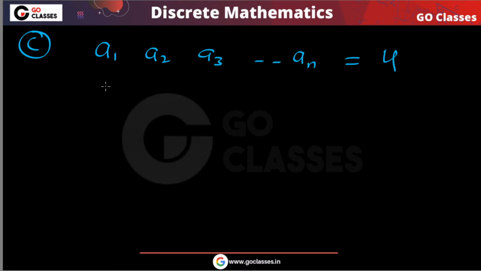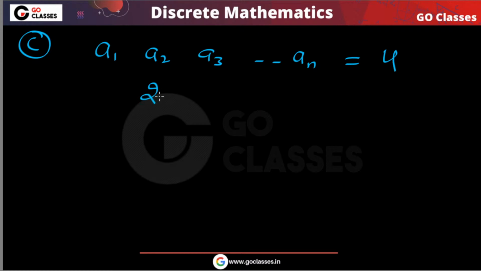You must have a 2 somewhere. I don't know where, but you must have a 2 somewhere. Now what are the possible distributions? You must have a 2 somewhere, and now the remaining 2, where can they go?